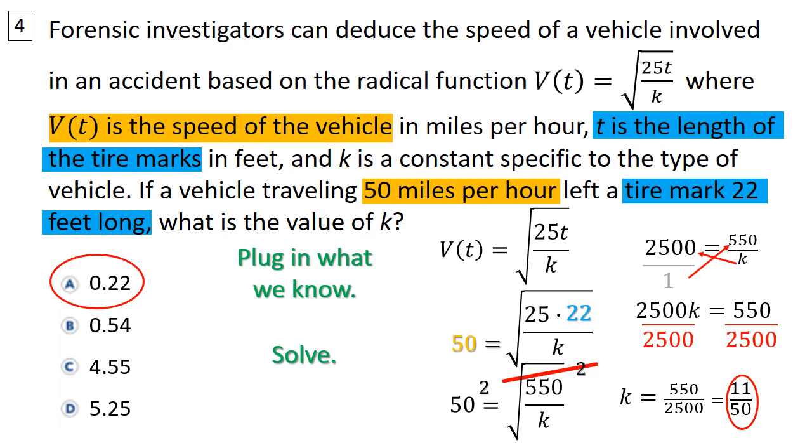You will definitely have problems on the end of course test where they give you an equation and you've got to solve for some part of it. Whether it's multiple choice or a free response, I don't know. So this was a good example, and we can always go back and try plugging in that 0.22 for that k, make sure it comes out the way we expect it to. Both sides should equal 50.